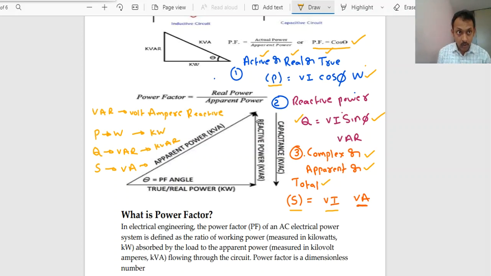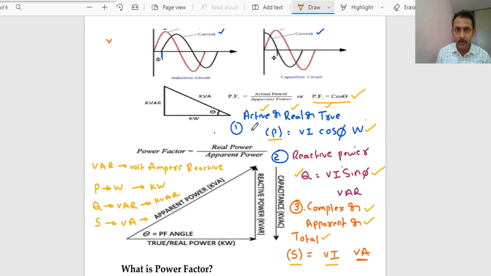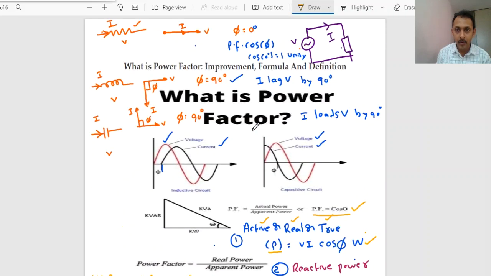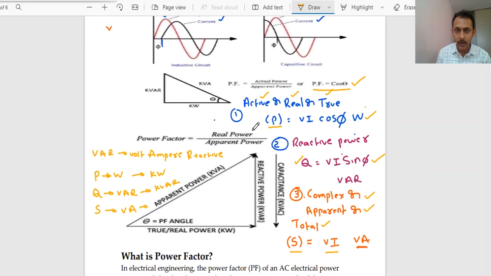One is the cosine of the angle between voltage and current, or the ratio of actual power to the apparent power will give you the power factor cos phi. So this is the definition with respect to the power factor. Like this we have to understand, right?